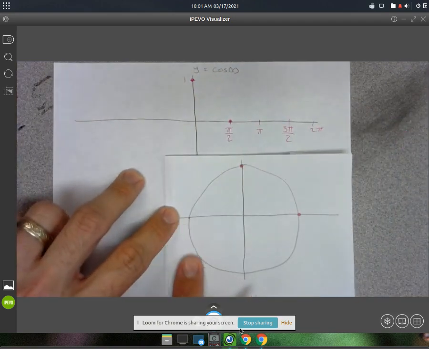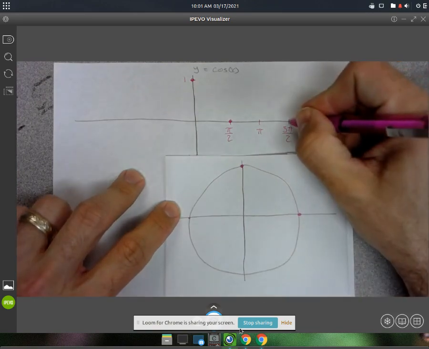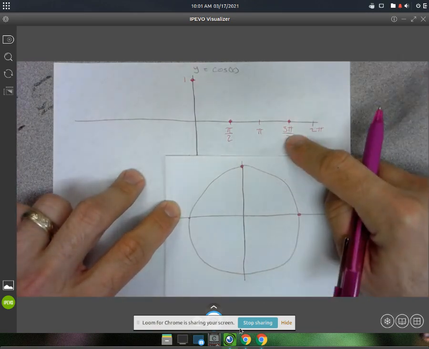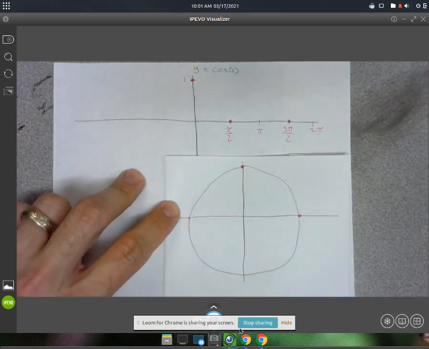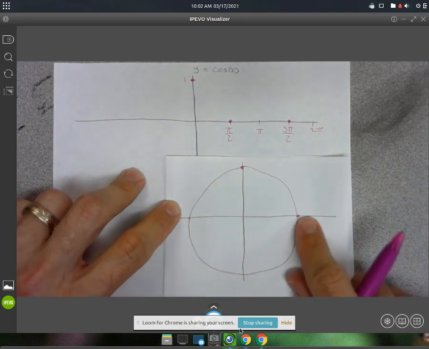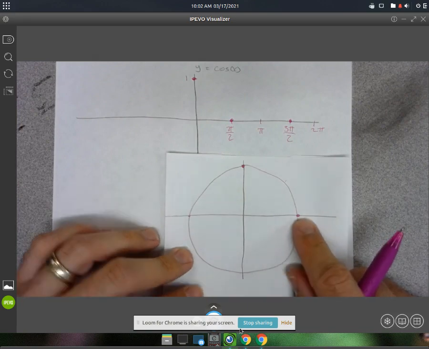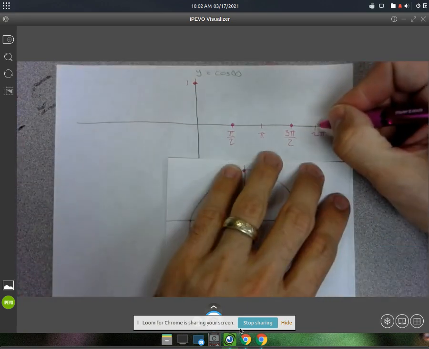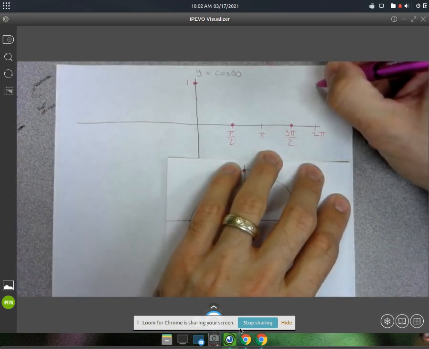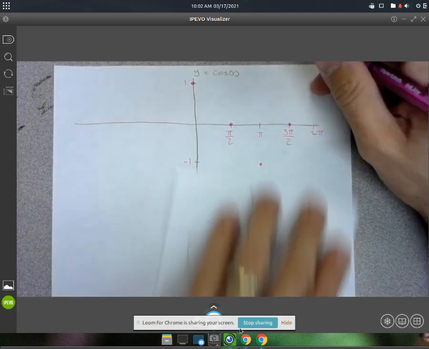And then at 3 pi over 2, it's going to reach 0 again for the x value. So at 3 pi over 2, the output is 0. And then at 2 pi, well, it's going to be back to where we started. It's got an x value of 1. So at 2 pi, it's going to be up here again. Cool.